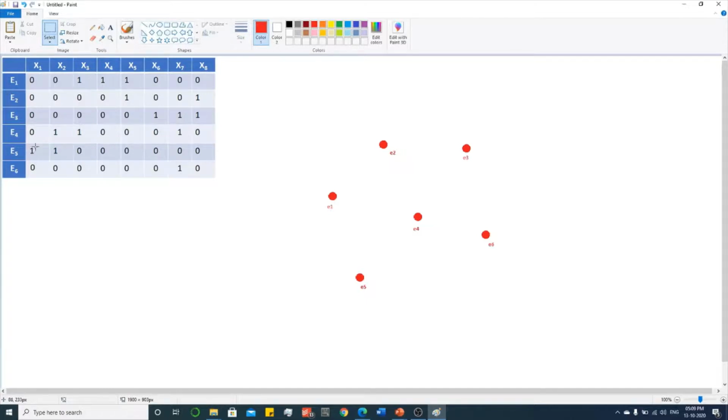X1 has 1 over here which is connected to E5. So E5 has one edge. You can draw like this. And look at x2, it has a connection with E4 and E5. So E4 is here and E5 is here. Let us draw a line over here which connects them, and let us name it as x2.